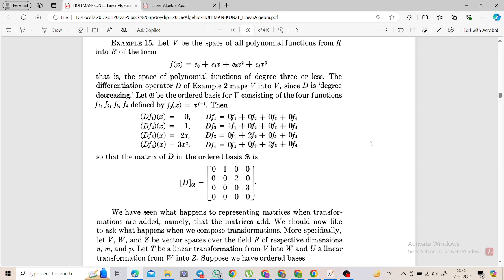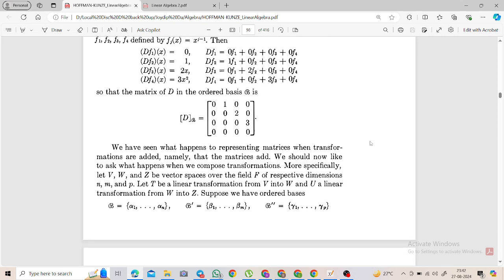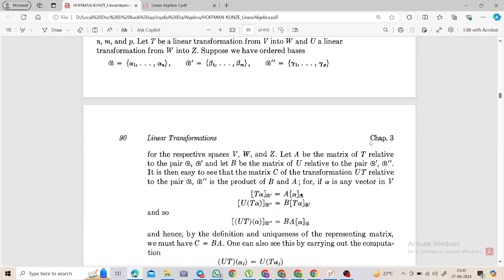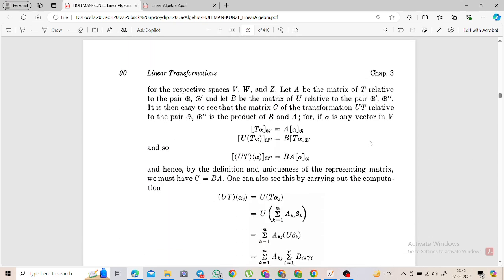So this is the matrix. Again, you can just see what they are doing. They are taking the basis, evaluating D with respect to that basis, and writing down the matrix.